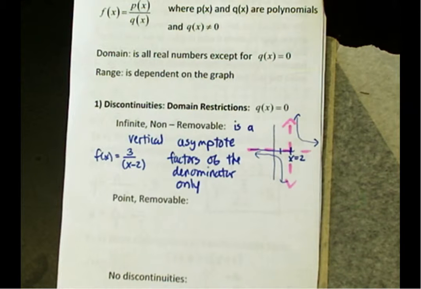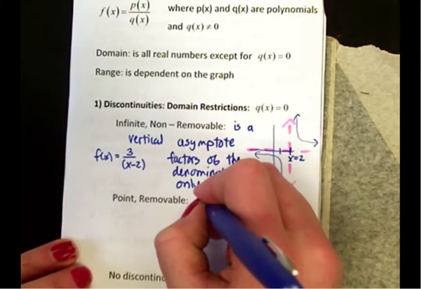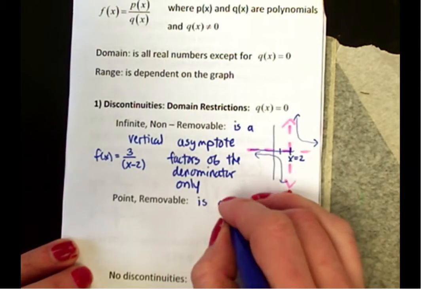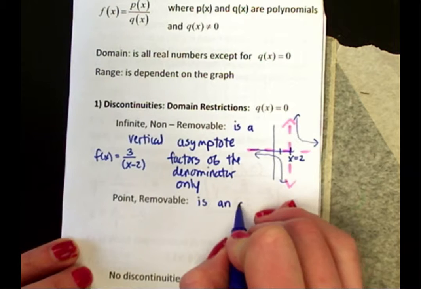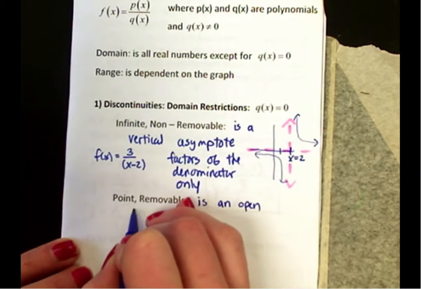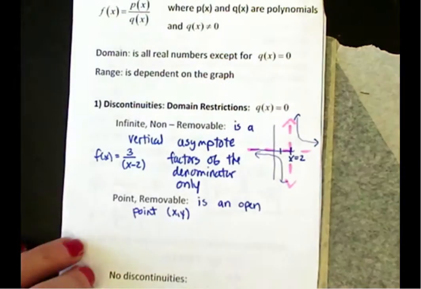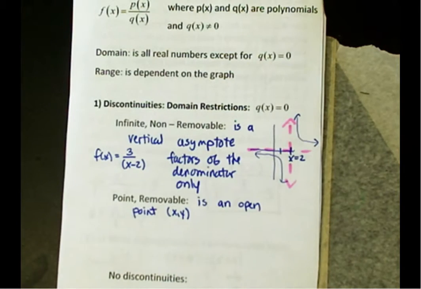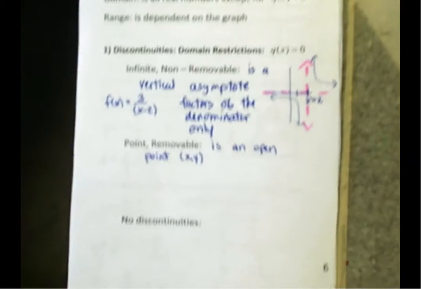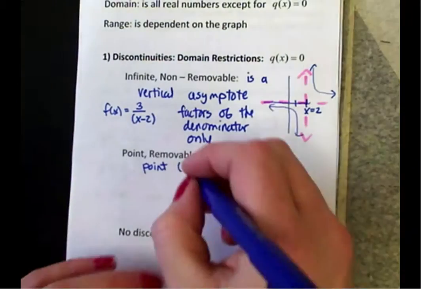A point or a removable discontinuity is an open point. Okay, right? It's a point. It's an X and a Y. Sometimes we call this a hole.